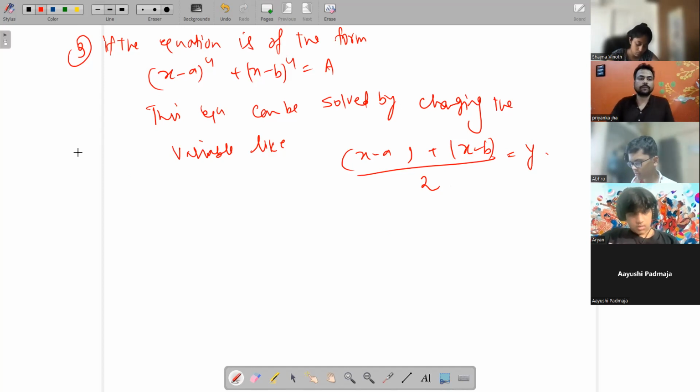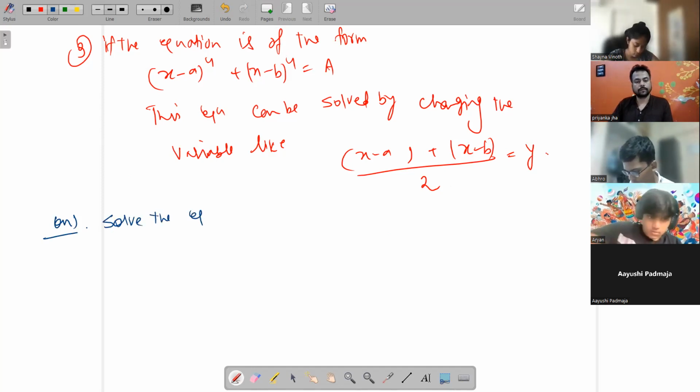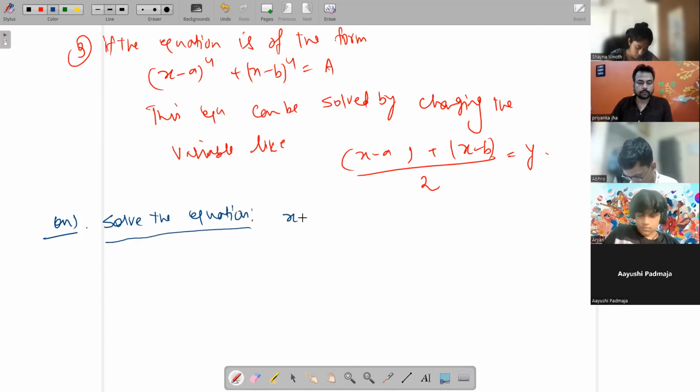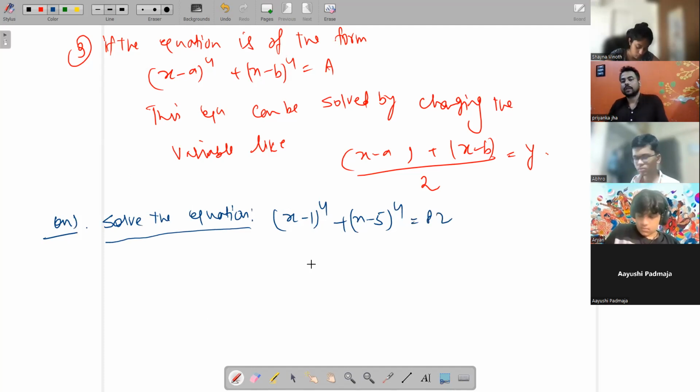I'll take one example. Solve the equation x minus 1 to the power of 4 plus x minus 5 to the power of 4 equal to 18. Now we know that this matches this form.